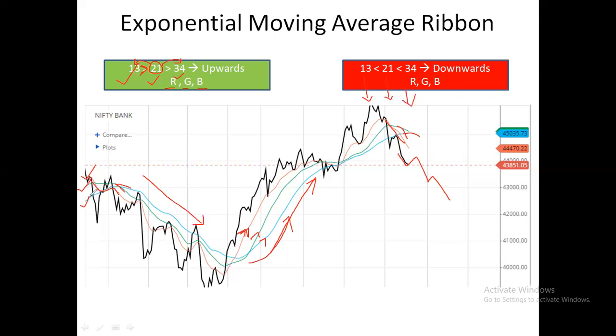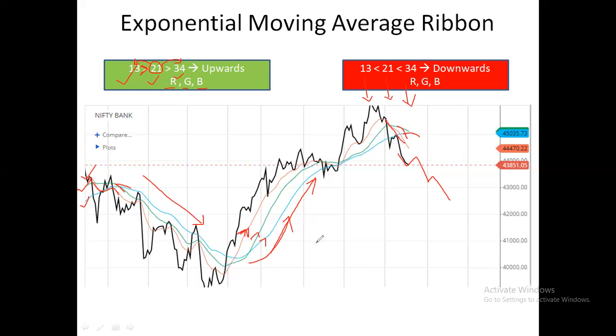So blue comes on top, green in the middle as usual, and red goes below. That means the market started a downtrend. If red goes above, that means the market started an uptrend. You can identify it easily. So this can be an early indication compared to the simple moving average. With this moving average ribbon, we can at least say the trend is in a positive direction, and at least you can catch this trend.